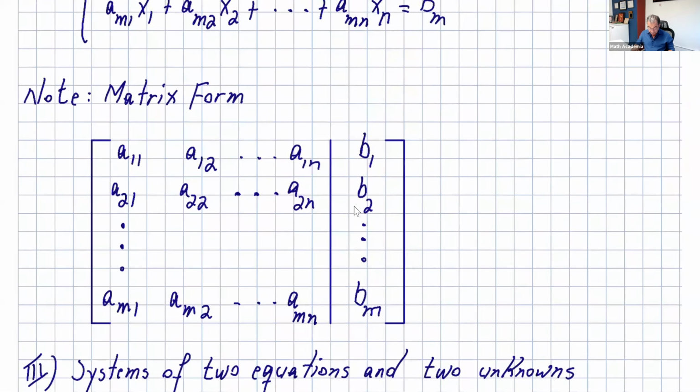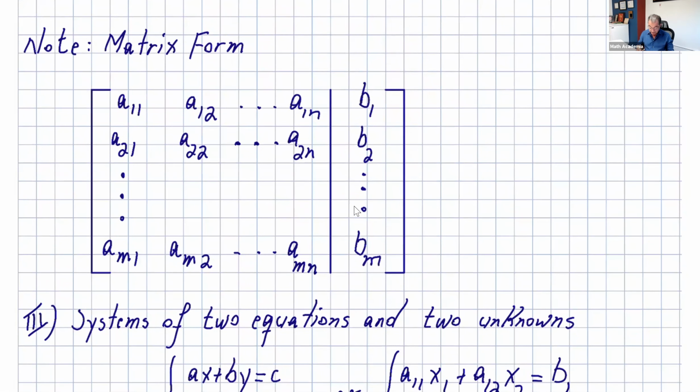Just to get you familiar with this, if you want to write the matrix notation, this is called the augmented matrix. In the next video, I'll talk about this more, but you don't write the variables. This is the coefficient matrix, and this is the constant matrix.